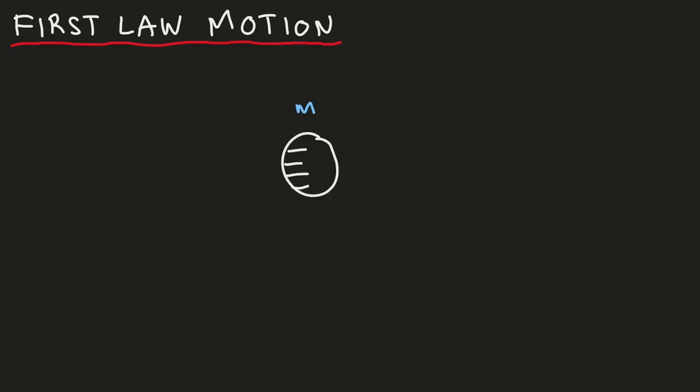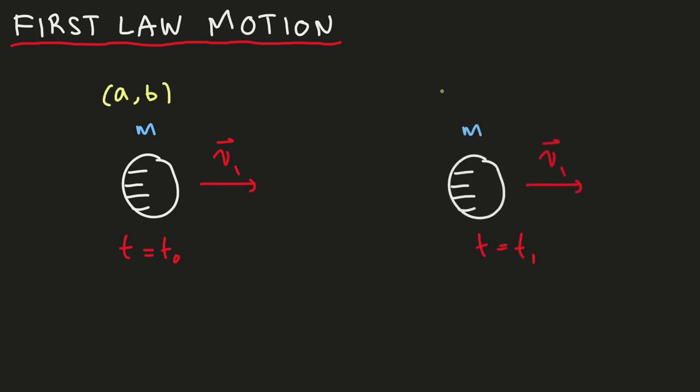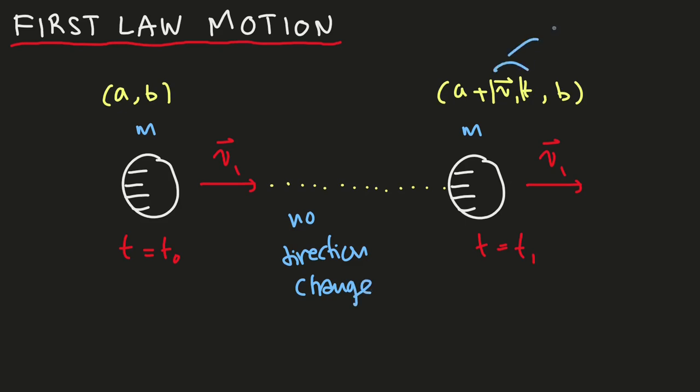To give you some illustration, we recall the same object as before, which has velocity vector v1 at time t equal to t0 at a point in space as A, B. Now, if we travel to time t1, after t0, we get the coordinate position just like this, and the velocity is still the same, with no direction change and no velocity magnitude change. So we can get the new coordinate like this.